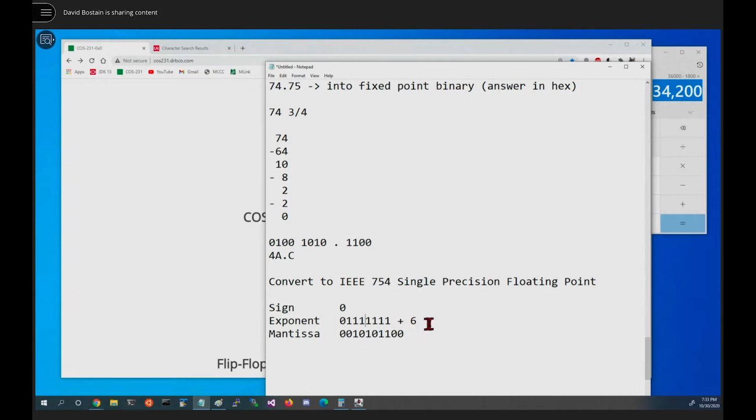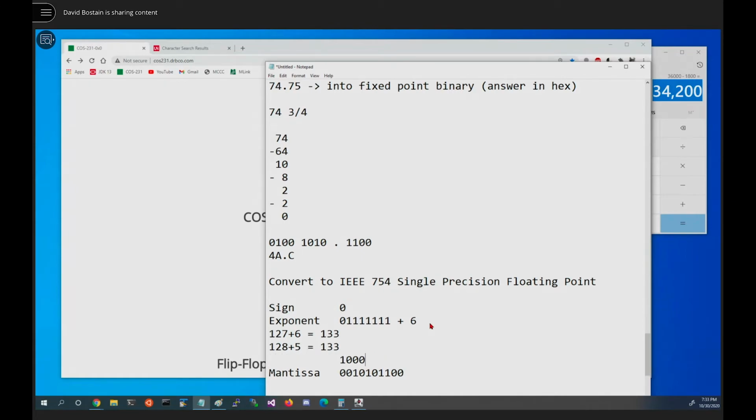Okay, so here's our exponent. It's 127. We have to add 6 to it. 127 plus 6 equals what? 133? Or if we had the number 128, we could add 5 to that and still get 133.